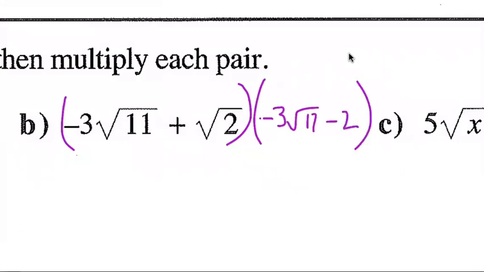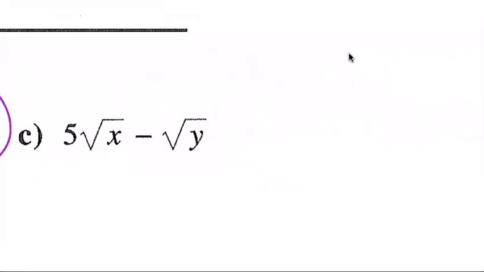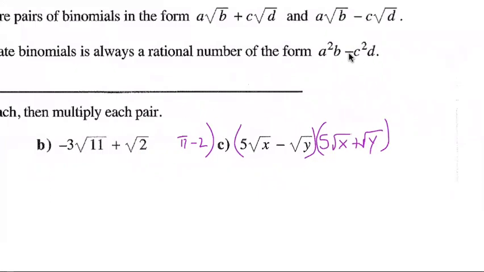The only thing you change is this symbol, right? And then our last one, 5 root x minus y. Our conjugate would be 5 square root x plus root y. You just change that symbol. Okay? So that's multiplying by the conjugate.